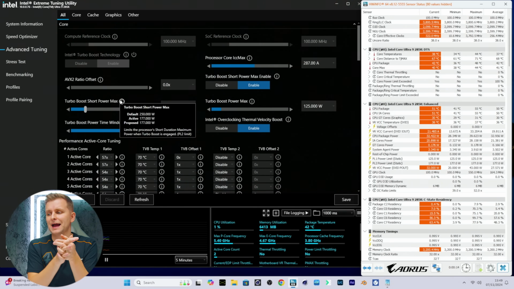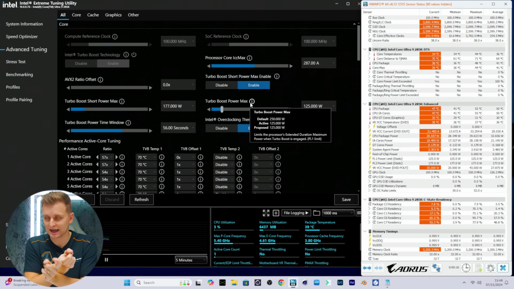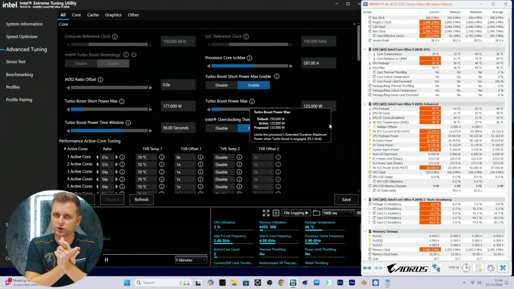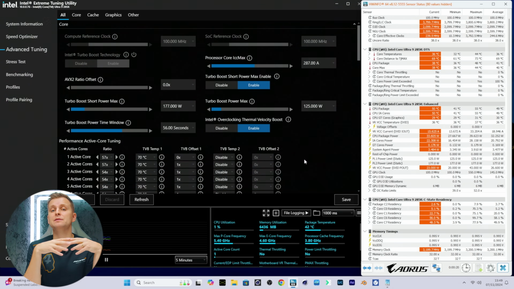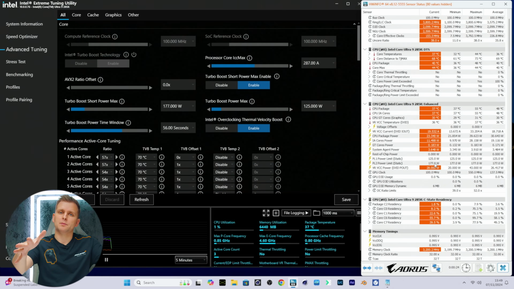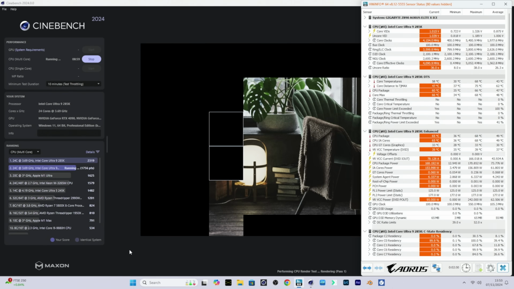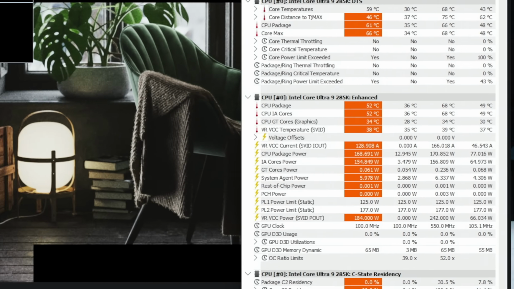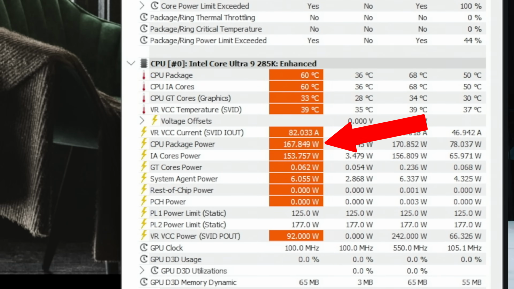The base profile has a PL2 of 177 and a PL1 of 125, which means that in boost performance, when all the cores have to boost, the whole CPU can pull up to 177 watts, but then after 57 seconds, it pulls down to 125 watts and stays there for the rest of the time. For example, in Cinebench R24, you can see at first it boosts to 177 watts and then drops down to 125 watts.